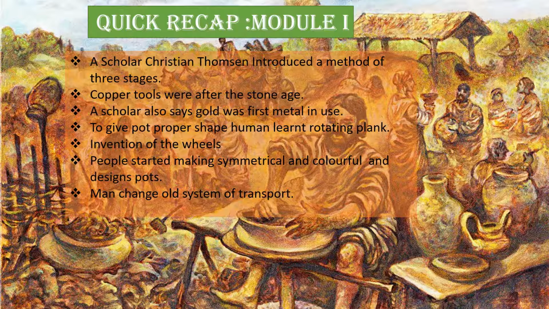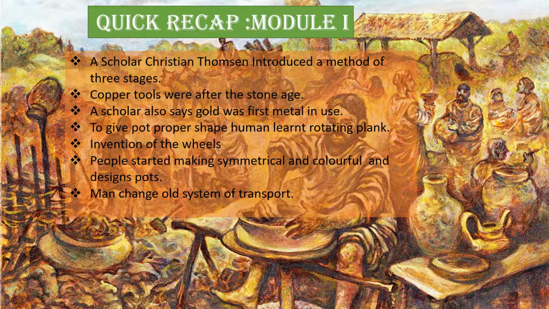Let's do a quick recap of our Module 1. In this module, we learned a brief introduction of our scholar Christian Thomsen, who introduced a method of three stages. Copper tools came after the Stone Age. A scholar says gold was the first metal in use.